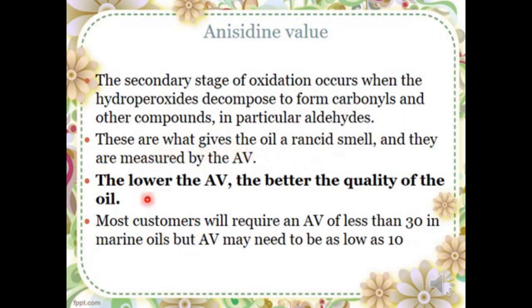Therefore, the lower the AV value, the better the quality of oil. How to get low AV value? Low PV value. Most customers will require AV value less than 30 in marine oil, but it needs to be as low as 10.